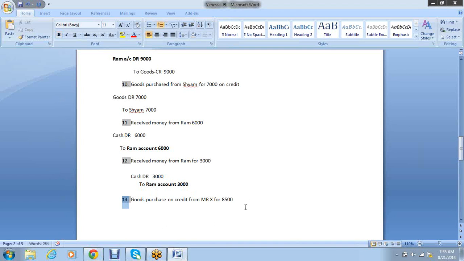What will that be? The goods account will be a debit. Why is it debit? Goods are coming in, it's a real account. Absolutely correct. And Mr. X is a personal account, so the Mr. X account will be credited because credit is the giver.